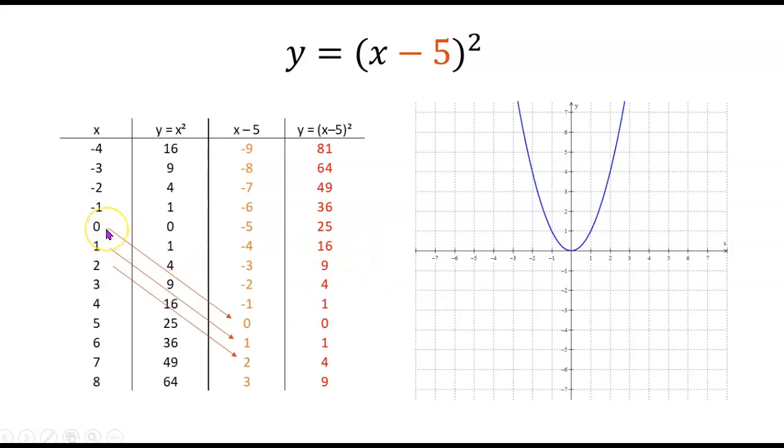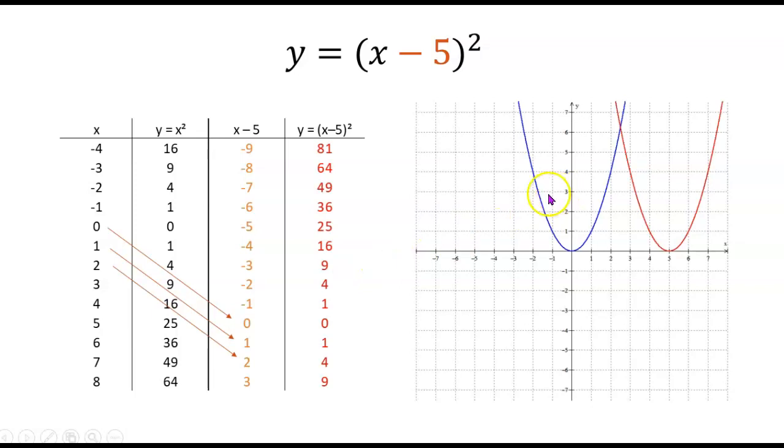What used to happen when x was 0 is now happening when x minus 5 is 0, so x itself would have to be 5. What used to happen when x was 1 is now happening when x is 6. What used to happen when x is 2 is now happening when x is 7.